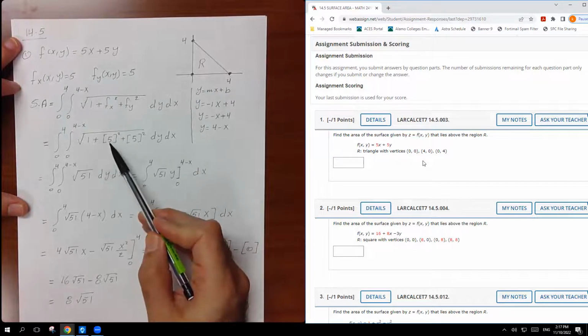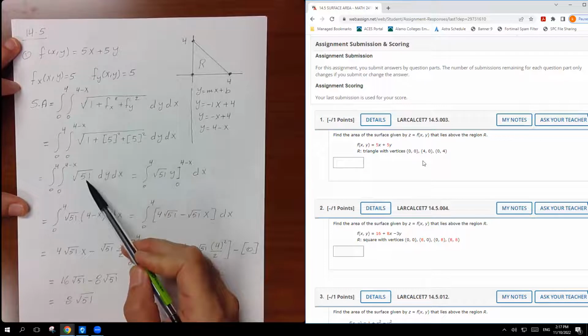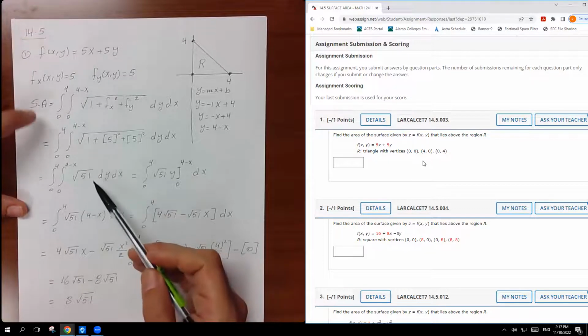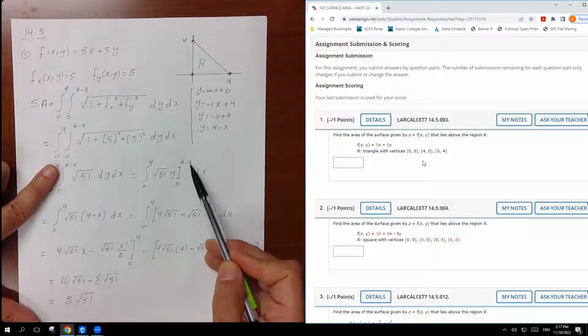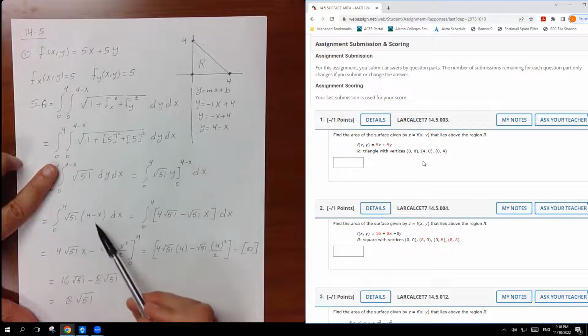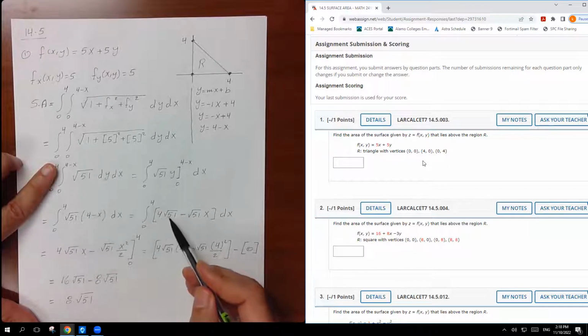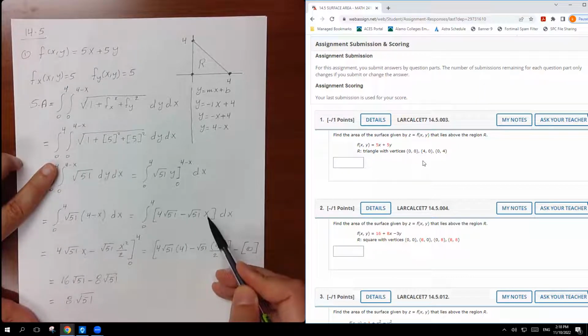So 5 squared is 25 plus 25 is 50, and 1 is going to be 51. The integral with respect to y is going to be y from 0 to 4 minus x. Plug in 4 minus x here, so it's going to be square root of 51 times (4 minus x). Distribute the square root of 51, so 4 square root of 51 minus square root of 51 x.